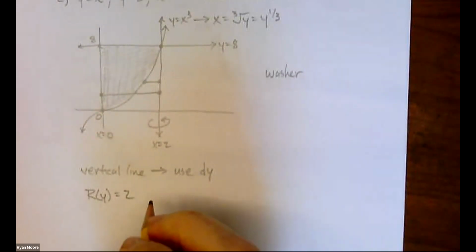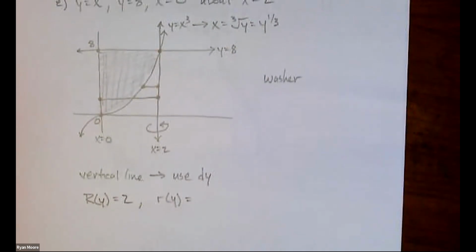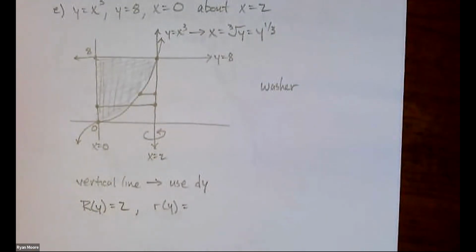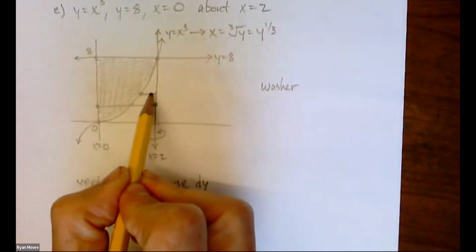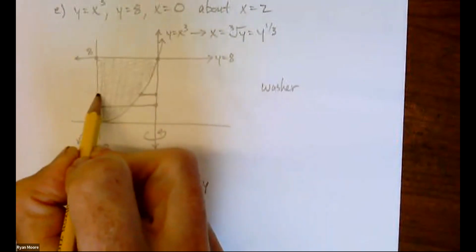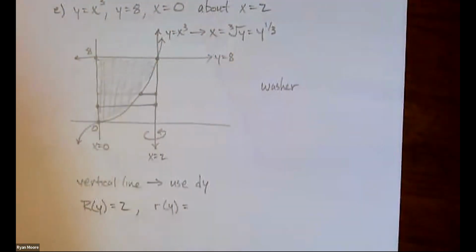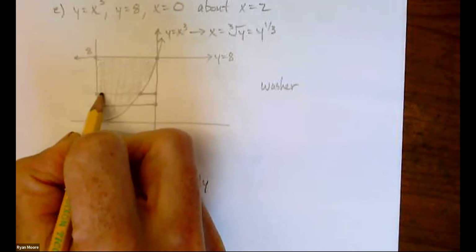Okay. How about little r of y? Now this one is changing and you're not on an axis. Okay, so let's think here. We just want this little distance here. How are we going to get it? Well, we know the entire thing is 2. And can we figure out the distance just here across the region?